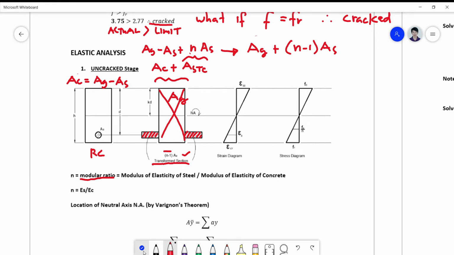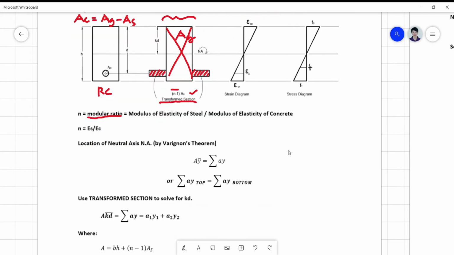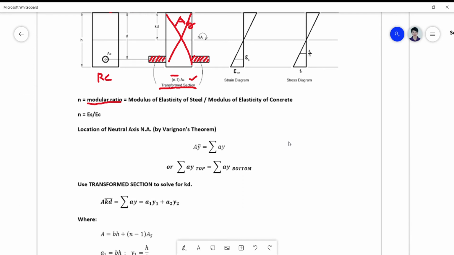So how are we going to compute the properties of the section? So first, we define what is your modular ratio by simply dividing ES and EC. Normally, this is rounded to the next higher integer.